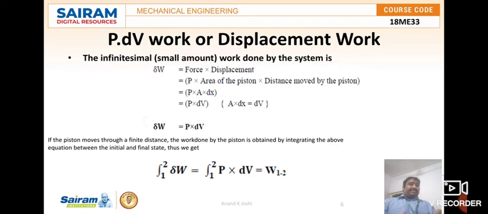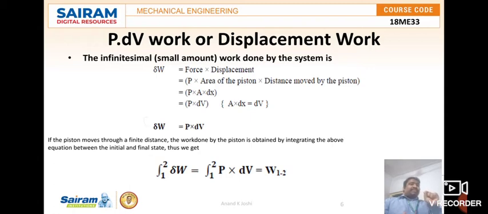Okay, displacement. So pressure, area of the piston, and the distance traveled, that is dx. A very small amount of displacement is taking place, hence we call it an infinitesimally small distance covered, that is dx.